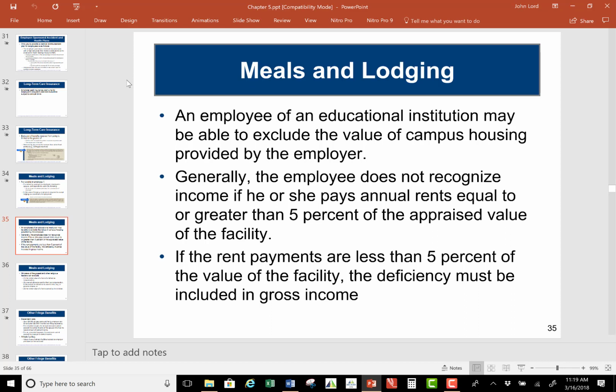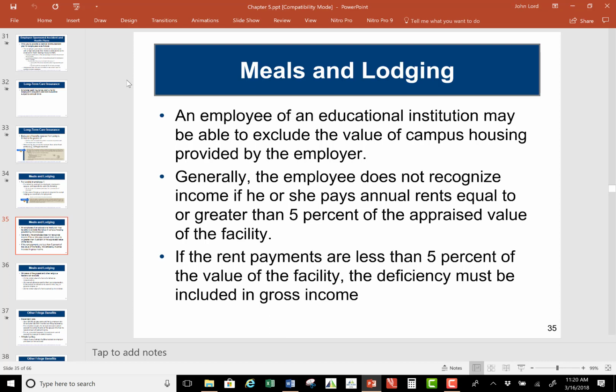So, in other words, generally the employee does not recognize income if he or she pays annual rent equal to or greater than 5% of the appraised value of the facility, meaning that you're pretty much paying the rent. You're paying 95, but they usually charge 100. You don't have to include that $5 in your gross income because you're making up at least 95% of it, right? It's the way I read that.